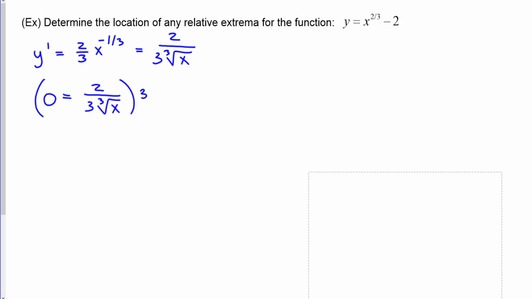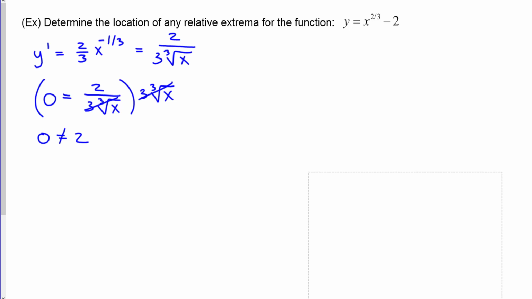But if we try to do that, the only way we can is to multiply both sides by that denominator. And it does get out of the denominator on the right-hand side, but 0 times anything is still 0. And the result 0 equals 2 just doesn't give us any particular solutions.